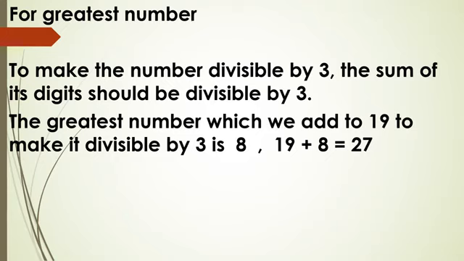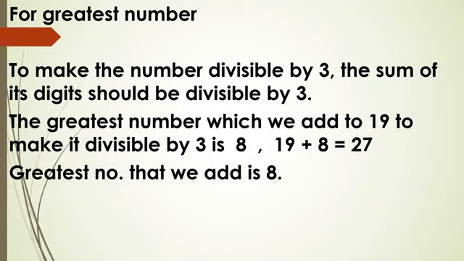No. Now check by the second greatest digit. 19 plus 8 is equal to 27. Okay, so 19 plus 8 is 27. 27 is divisible. So 8 is the greatest number which we can write down in the blank to make our number divisible.